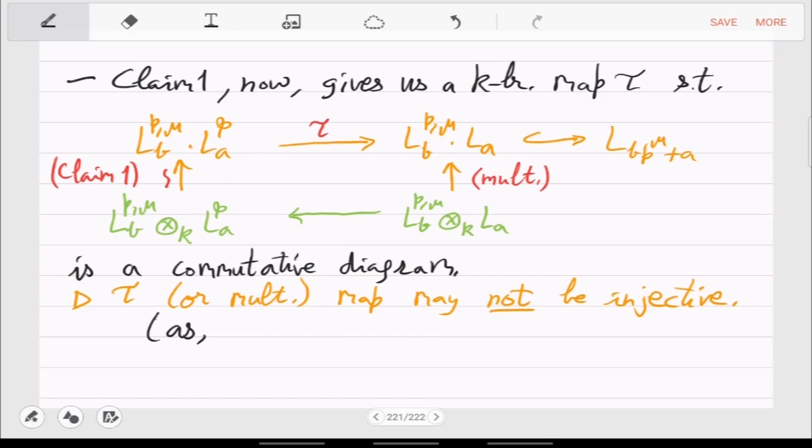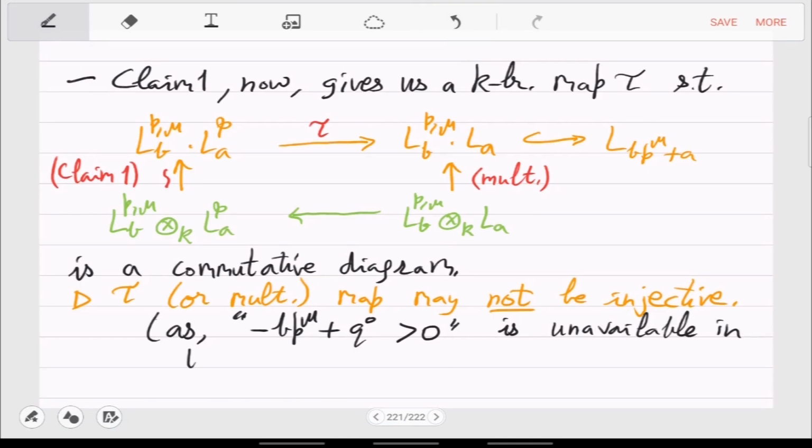As minus BP mu plus Q raised to 0 is not positive. So claim 1 required minus BP mu plus Q to be positive, but there is no Q, so here actually you only have Q raised to 0.